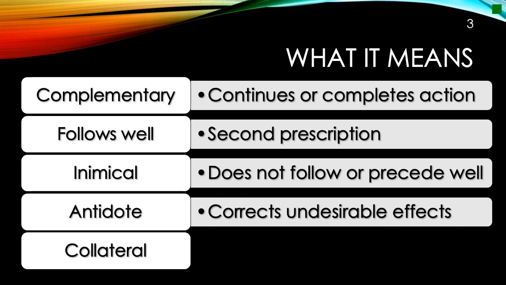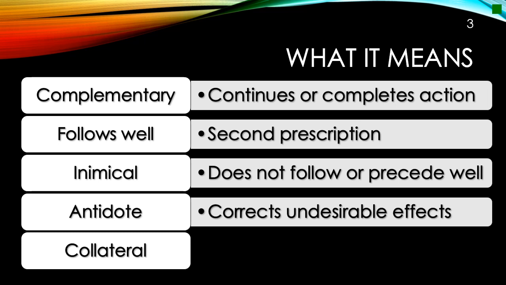Antidote is not what we understand in our common language. An antidote normally is a term that we use in case of poisons. For instance, it will antidote the poisonous effects. In homeopathy, the concept is a bit wider. It actually corrects undesirable effects of the remedy while retaining the desirable effects.